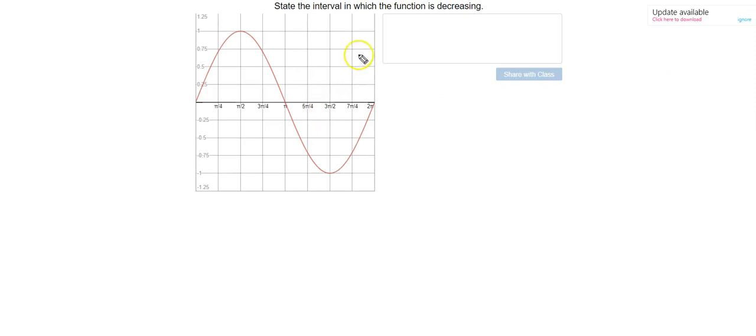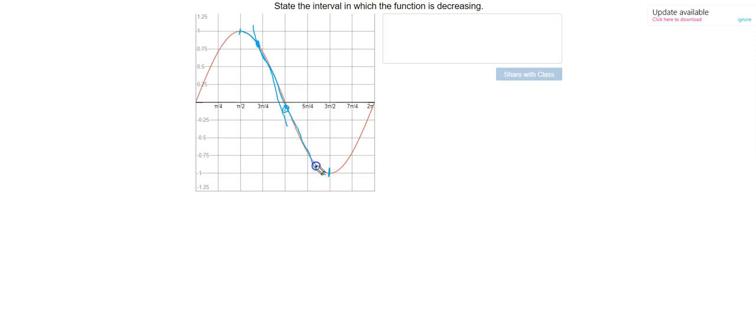Where are we decreasing? Well, we go up here, so we're going up to its highest point, and then we start going down. So from here, we go down, down, down, to right here, we stop going down. So this entire interval we are decreasing, which means if I did my average rate of change formula between any 2 points, my secant line, that's a pretty steep secant line right there, right?